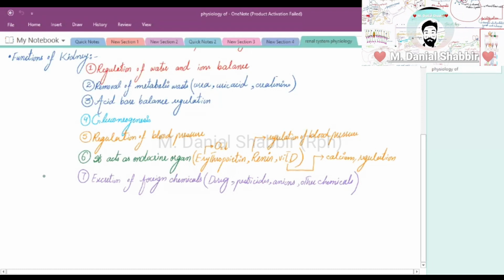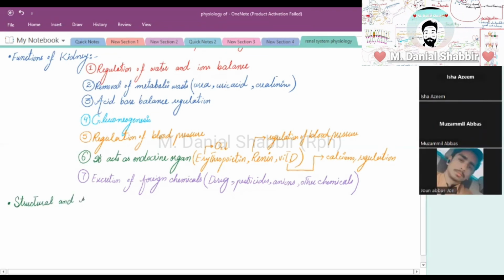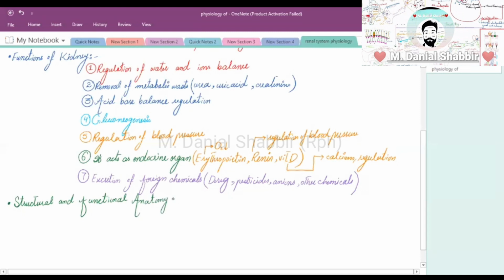Because you know that the nephron is the structural and functional unit of the kidney, or in other words, the renal system. The structure and functional anatomy of the nephron.